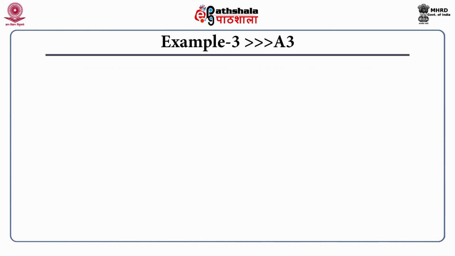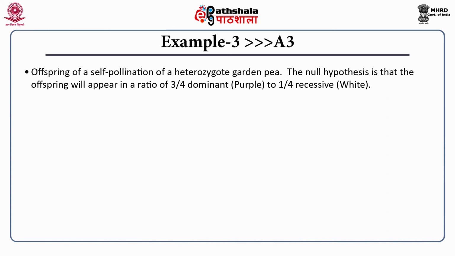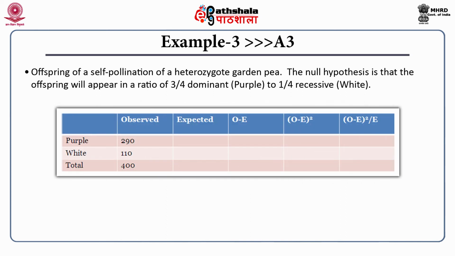The third example is the offspring of the self-pollination of a heterozygote garden pea. The null hypothesis is that the offspring will appear in a ratio of 3/4 dominant, which is purple, to 1/4 recessive, which is white. Here the observed is 290 purple while 110 white out of 400, and the expected you have to calculate from our model.